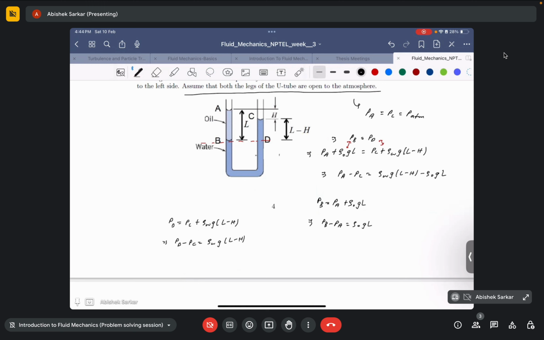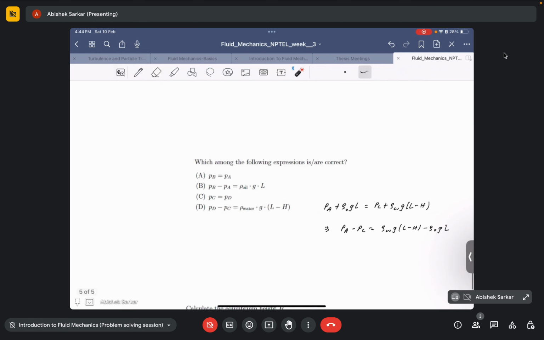So are these two in the options? If you go back, I guess B and D are the correct options. Your concept was absolutely correct, right?